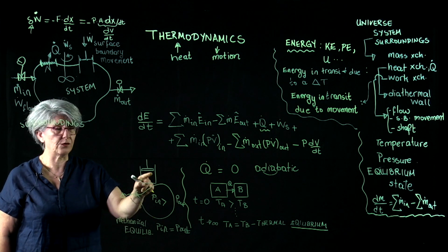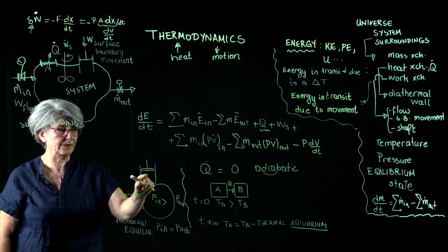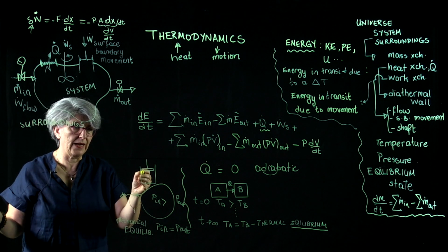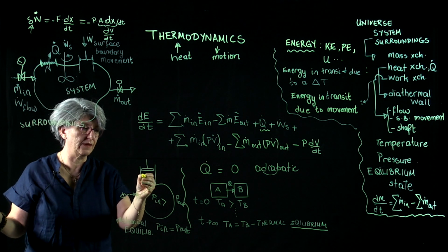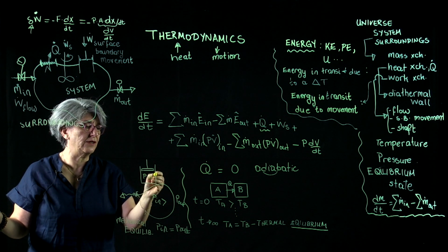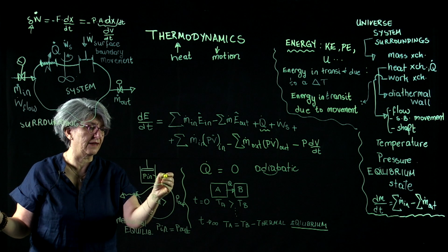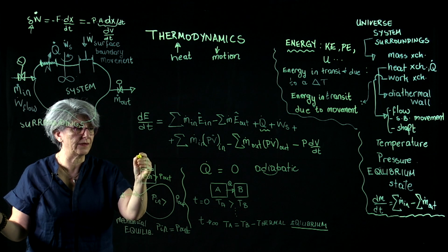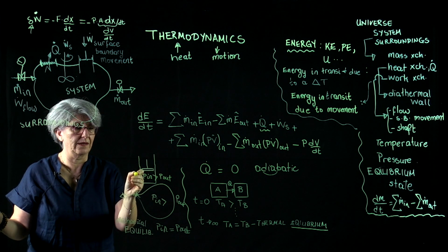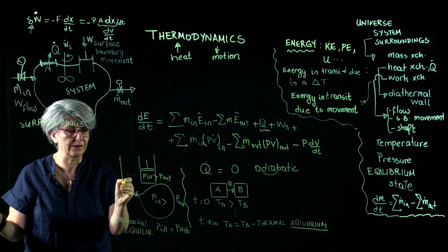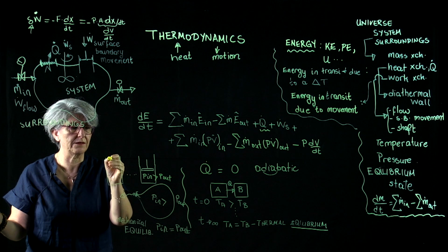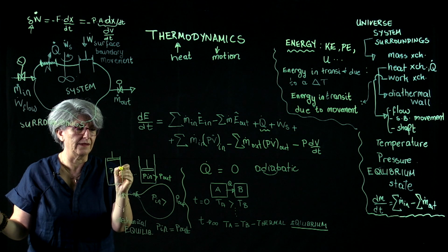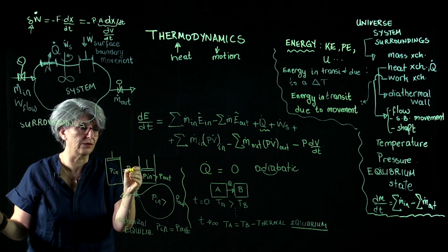Let's reflect this understanding to our piston and cylinder arrangement. Now we have a gas in this piston and cylinder arrangement, at a pressure which is greater than the external pressure. If we allow this piston to equilibrate with its environment, the piston will rise until the interior pressure is equal to the exterior pressure.